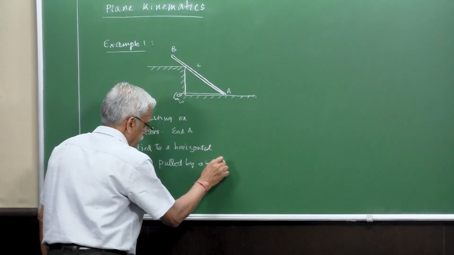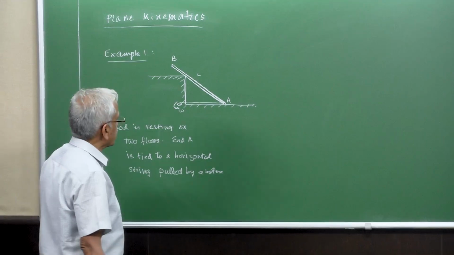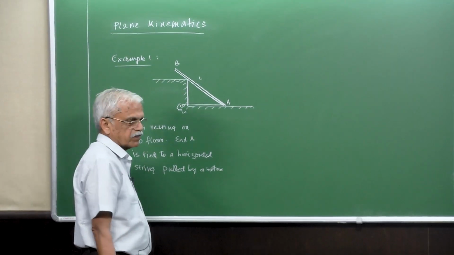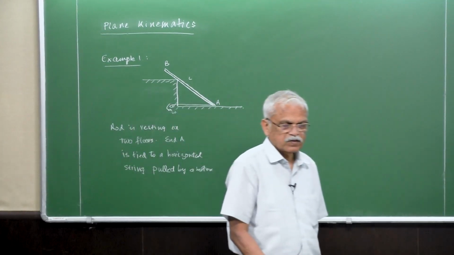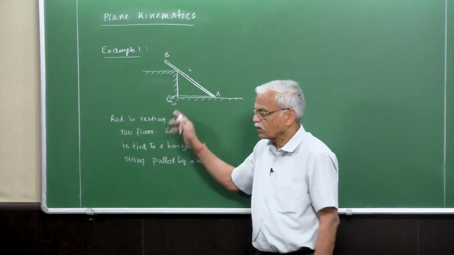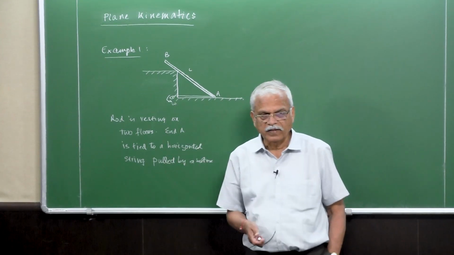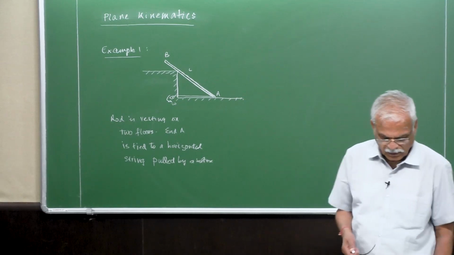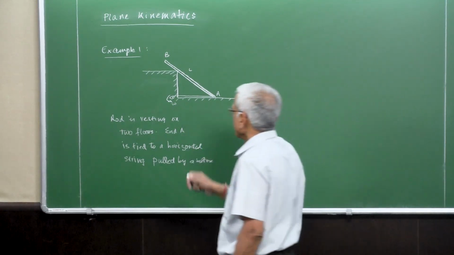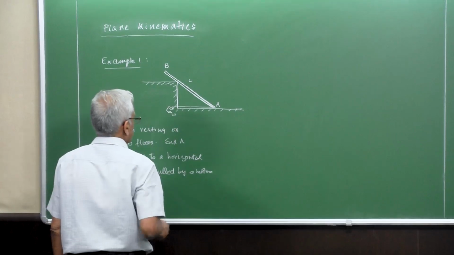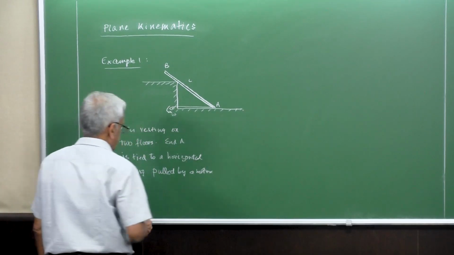Okay, this is like a narration. Then you're supposed to find the motion of B, given that the motion of A is known. For example, if it is moving with a uniform angular velocity, this is a very simple problem.